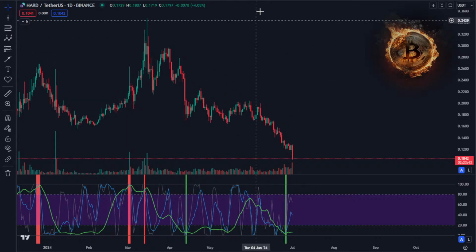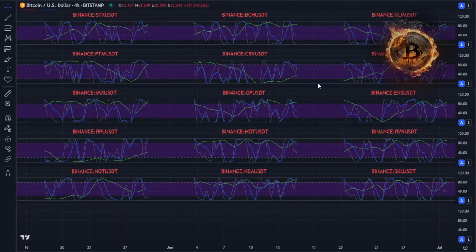So I'm going to simply do my own scan on the MTF screener that I showed you yesterday. Okay, I need you to just give me a minute to fix this.